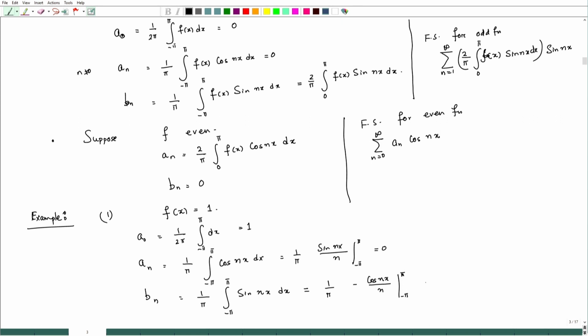So, this is equal to minus 1 by pi, cos(n pi) minus cos(minus n pi). Now, cos is an even function, so this is going to be equal to 0. So, for f(x) equal to 1, the only Fourier coefficient that survives is a_0, and a_n and b_n are equal to 0.